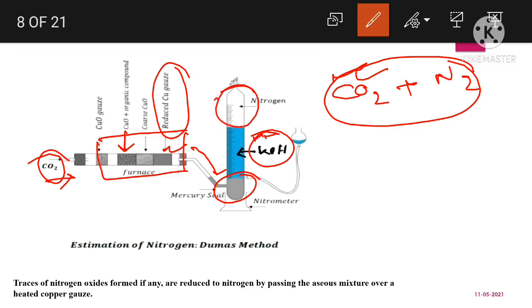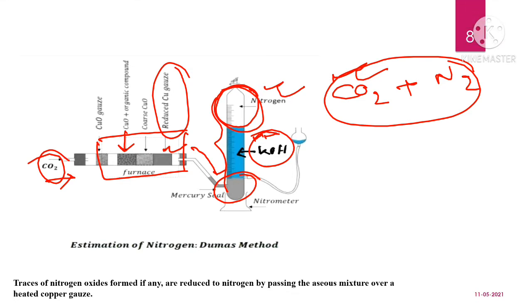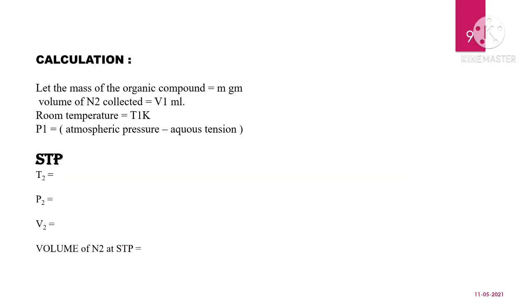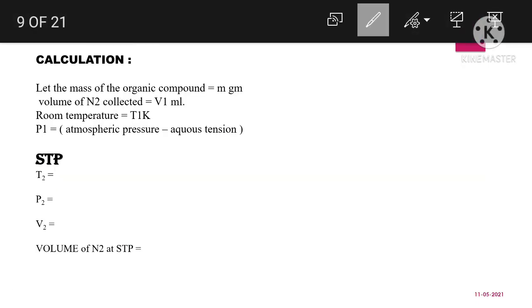This is a graduated tube, so in the graduated tube we can collect the nitrogen gas at the top. This is the overall procedure of how we can collect the nitrogen gas from the organic compound. Now coming to the calculation step.